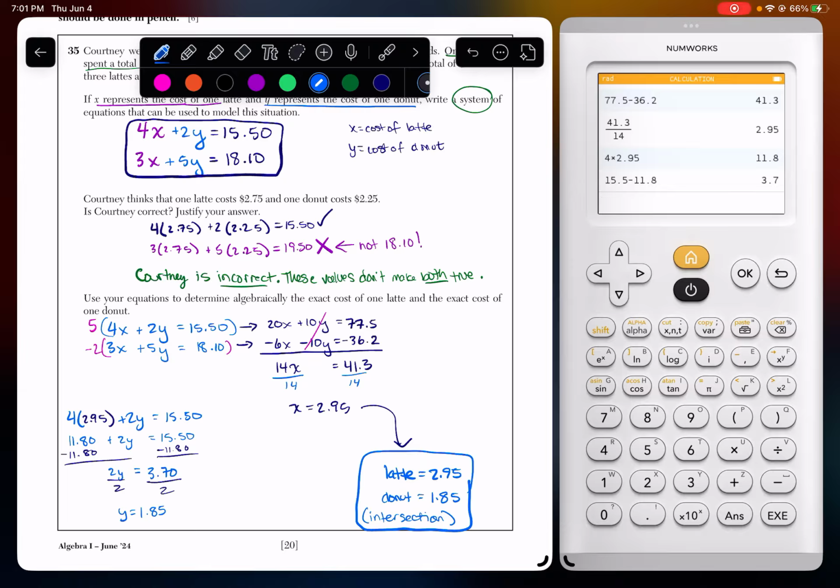And I get y equals 185, which again was my price of a donut. So what's nice is using the grapher, I knew that a latte was $2.95 and a donut was $1.85, and then I was just working through the algebraic moves to prove that through a process to get my full credit.